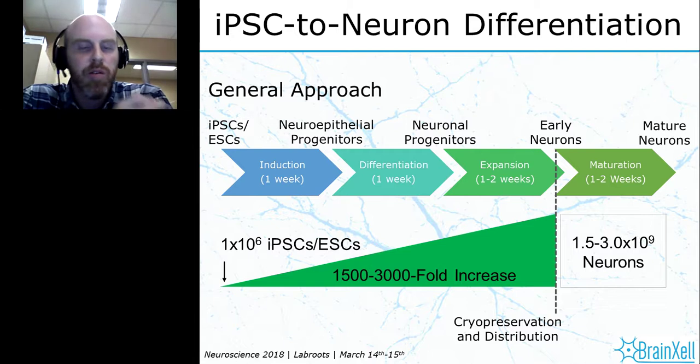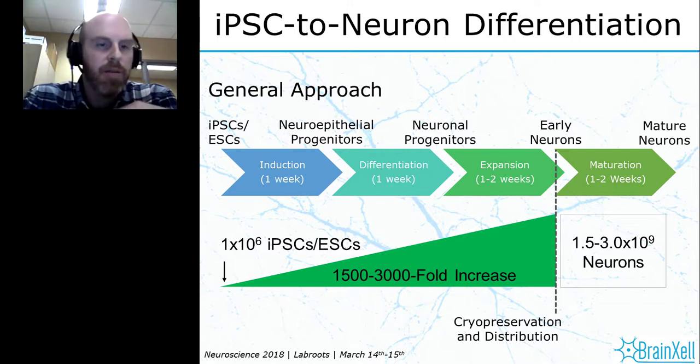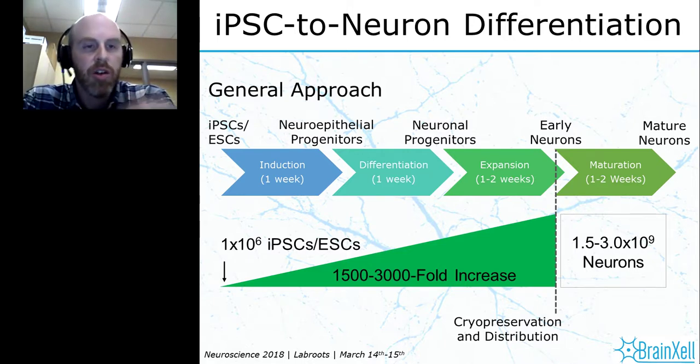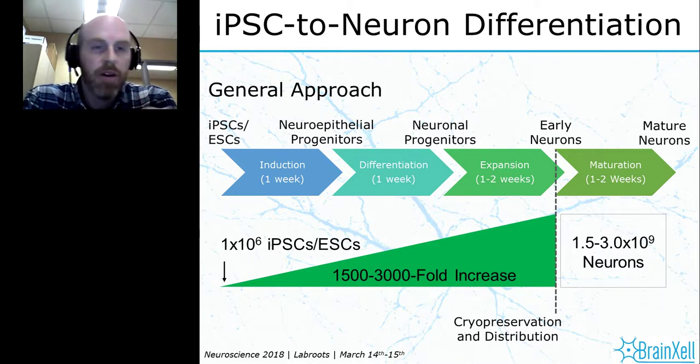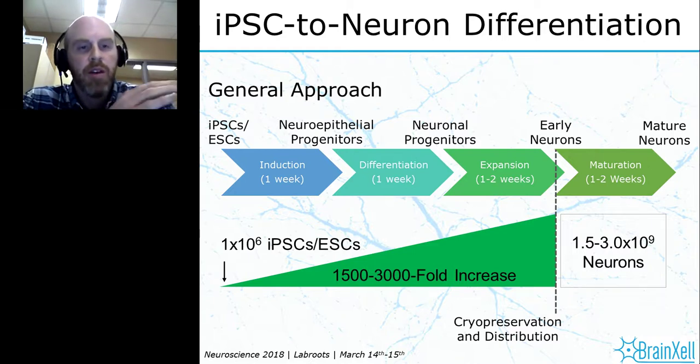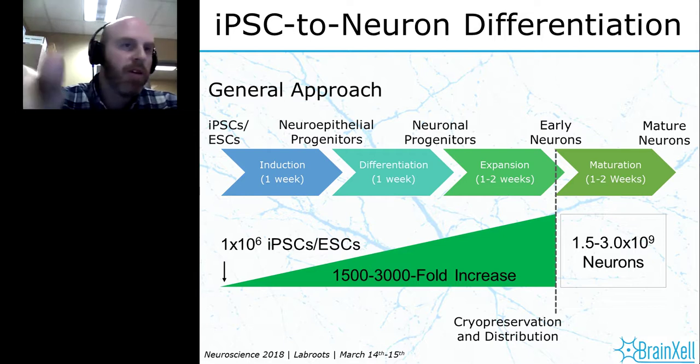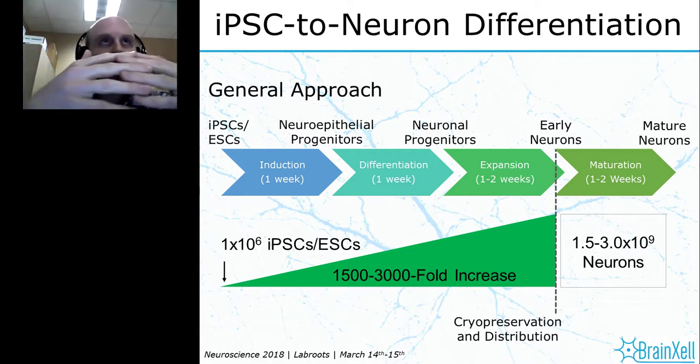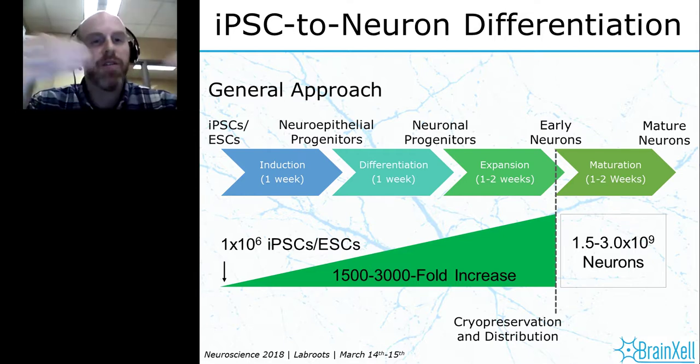So the approach that our group uses, a general approach, is laid out in this schematic, in which we begin with an iPSC or an ESC culture, and those really, as I mentioned, can come from anywhere. And what is done typically here is really what's called recapitulation of development.